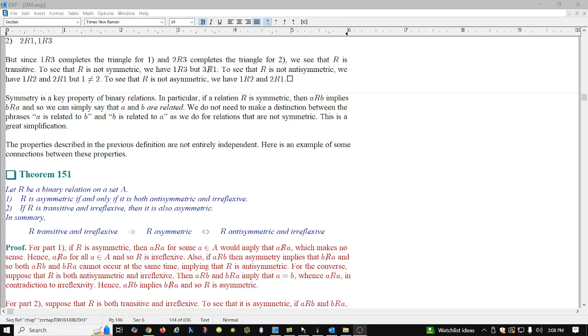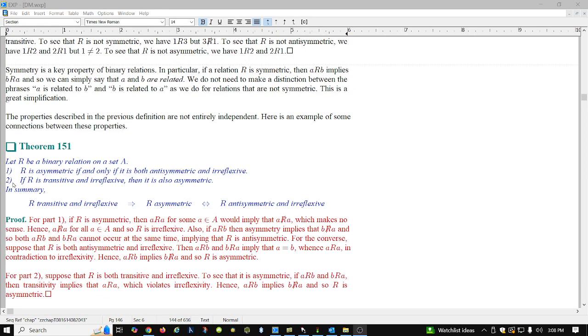The properties described in the previous definition are not independent. There are some relationships between them. And here are 2 very important ones. A binary relation R is asymmetric if and only if it's both antisymmetric and irreflexive.